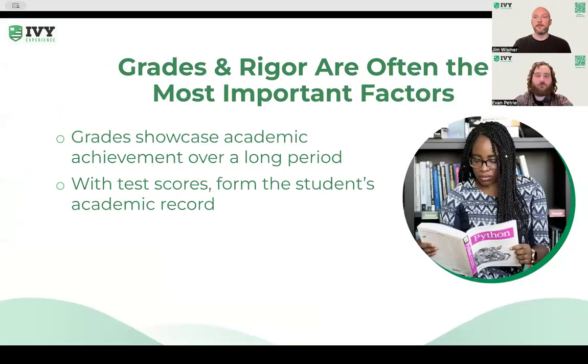So, the very first thing to mention here is that grades and academic rigor are typically considered the most important factor in college admissions. When I say grades and academic rigor, I really mean what it says on your high school transcript, so the grade you earned and the level of the course. One way to think about grades and test scores, I like to use an analogy to the NFL draft.